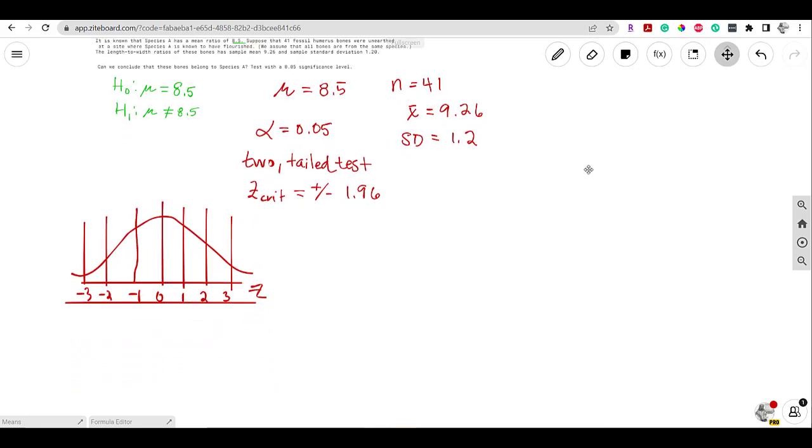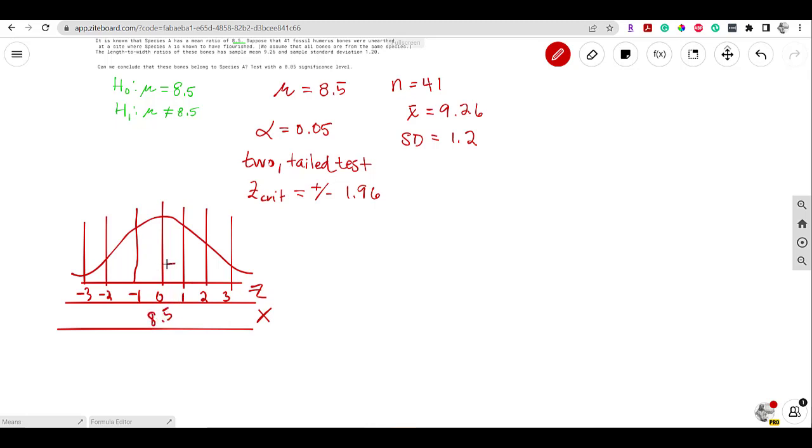Scoot this up a little bit. And I'm going to go ahead and start setting up my model here. This is going to be the information for this population. We're going to have 8.5 right here.